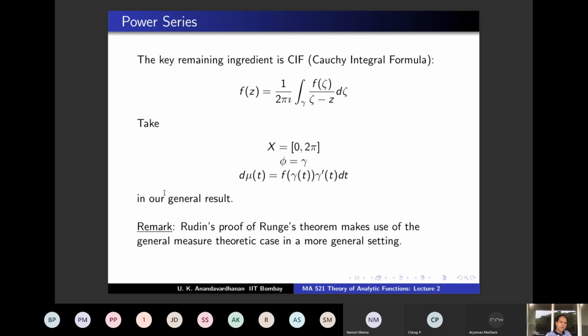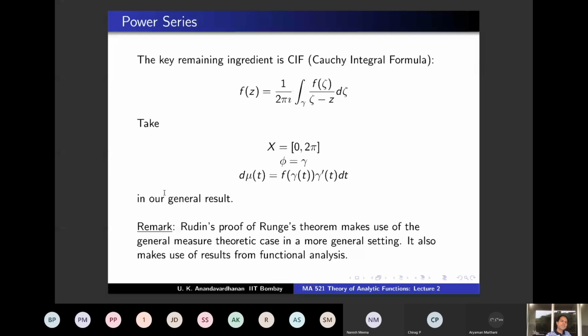When Rudin does Runge's theorem, in this general abstract measure theoretic setting, the observation that we have shown, he's going to use it with a very abstract space X, not some interval in R or something. We are going to use this result that on an abstract space you can integrate like this, and you can get a function representable by power series. This is going to be very beautifully used in his proof of Runge's theorem. We will come to it much later. I just wanted to make a pointer to it right now.